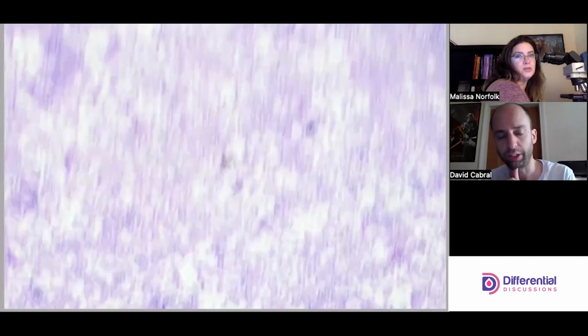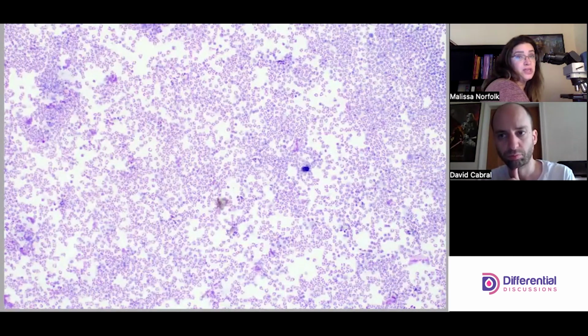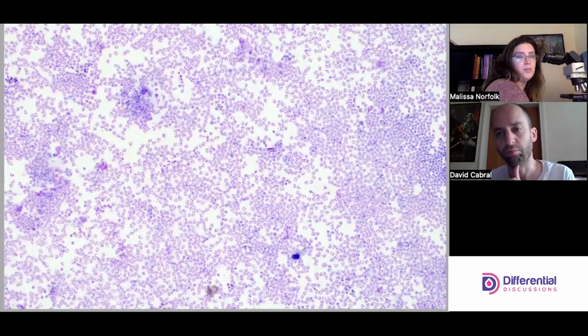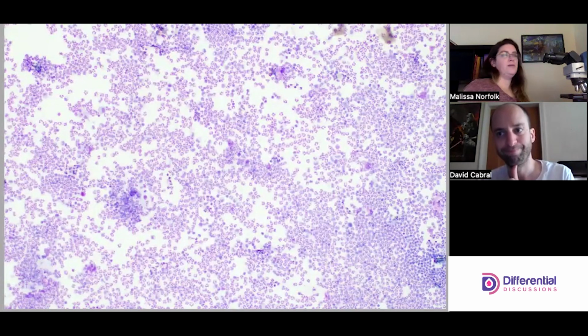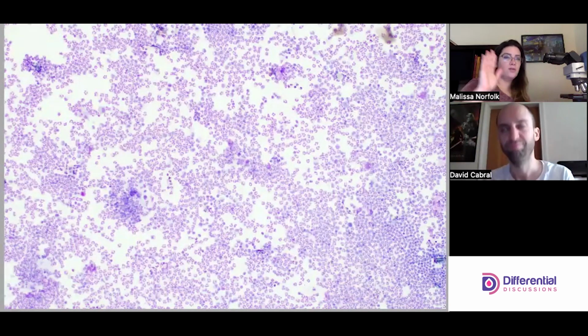This one looks fairly evenly distributed. But if you're looking at one portion of the cytoprep and you see over here a larger concentration of mononuclear cells, and over here a larger concentration of what look like neutrophils, then you might do a mixed count, or you might do a count over here and a count over there and average them. Getting that distribution to see a good area for a count.